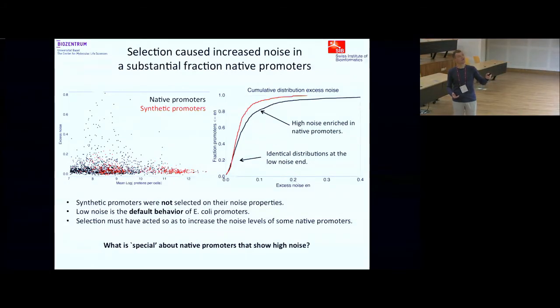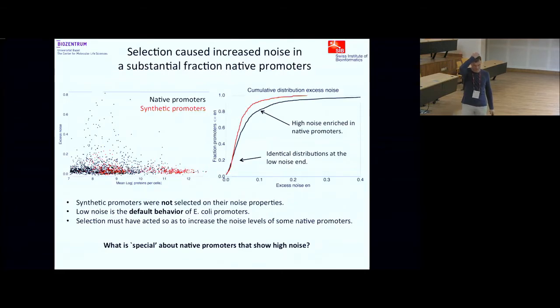And if you look at the cumulative distribution of noise levels, so you see that at the lower end, they're very similar, but then clearly the distribution of noise levels of these synthetic promoters is lower relative to the native promoters in black. So somehow, native promoters are enriched for high noise promoters that you don't see for synthetic promoters.